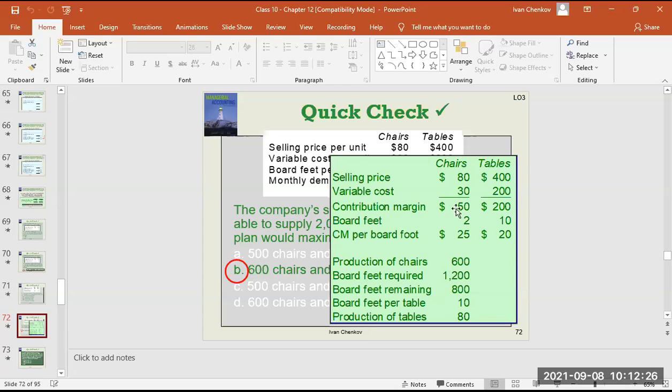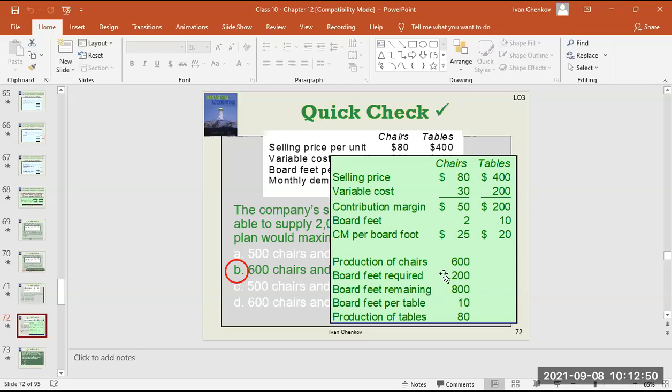For the chair, again, contribution margin per unit is $50 versus $200 for the table, but contribution margin per board foot is $25 for the chairs and $20 for the tables. That's why we have to focus on the product which gives us the highest contribution margin for the constraint, which in this case is the board feet. So we're producing the entire demand of the chairs, 600.